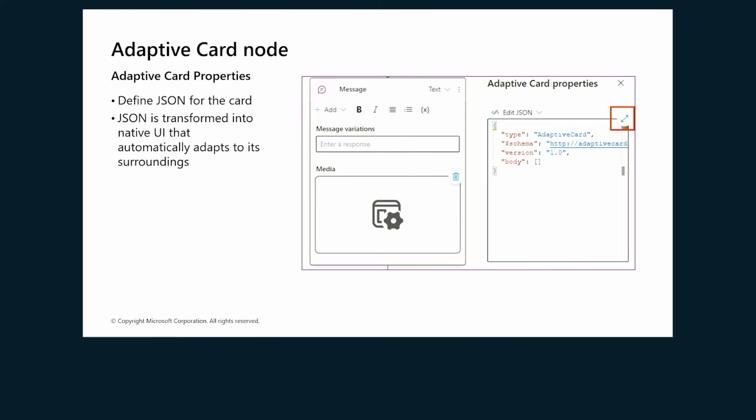You can create these cards using the Adaptive Cards Designer or by writing the JSON manually. When you are ready to build your card, go to the Edit JSON section and enter the code. If you need more space to work, just click the Expand icon to open a larger view of the editor.